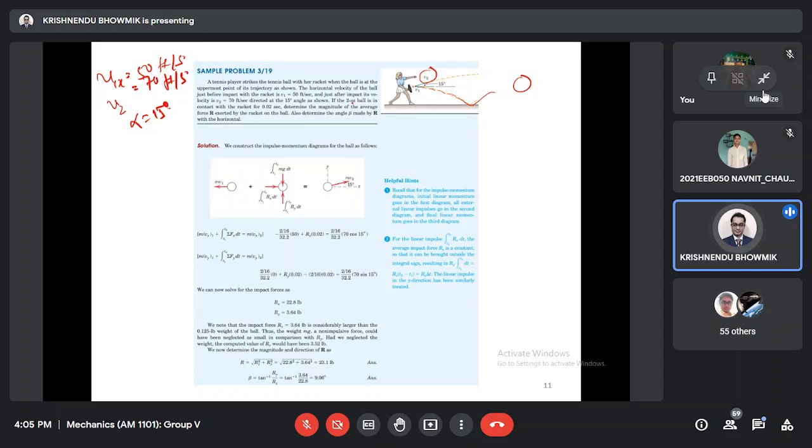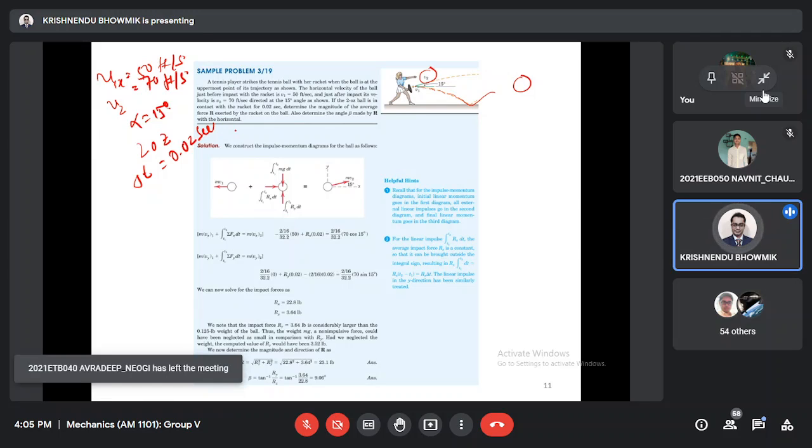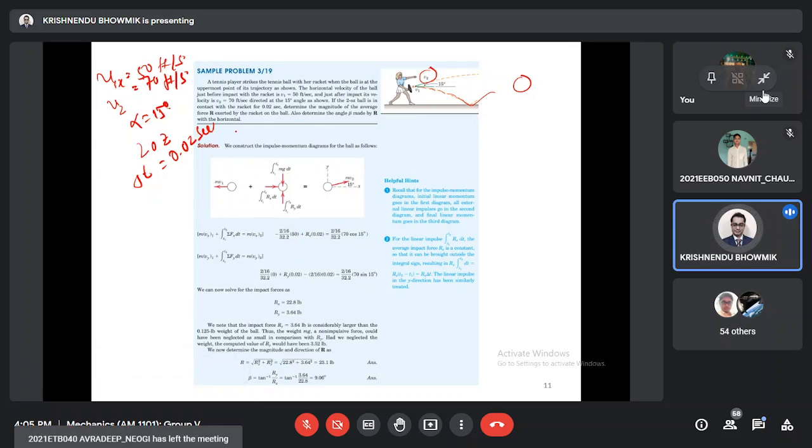The 2 ounce ball is in contact with the racket for delta t equal to 0.02 second. Determine the magnitude of the average force F exerted by the racket on the ball. Also determine the angle beta, which will be made by this resultant R with the horizontal.